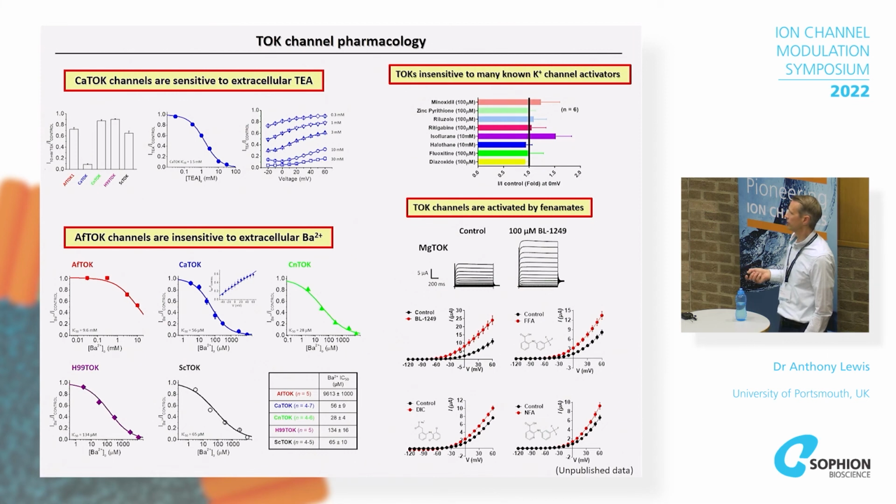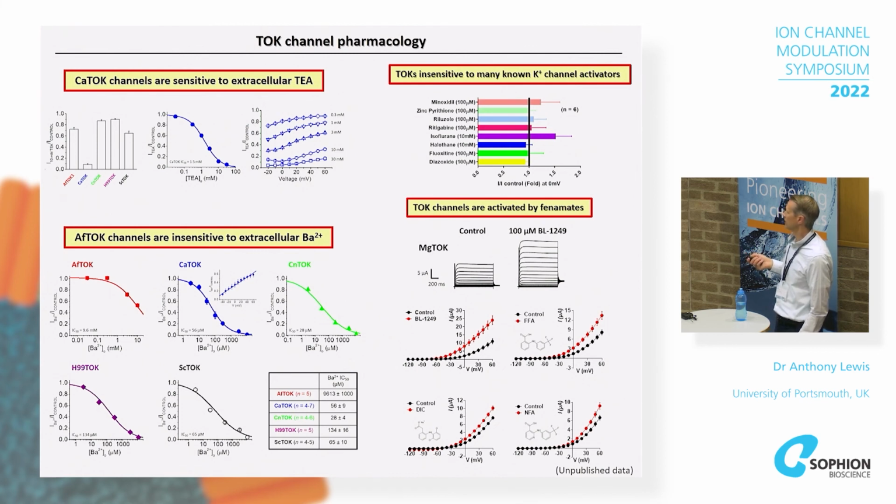They seem to be barium sensitive, apart from the Aspergillus variant, which is less so. We went through a whole host of activators, and pretty much they were insensitive to most of the potassium channel activators. Some of the mammalian K2P channels are sensitive to BL1249.